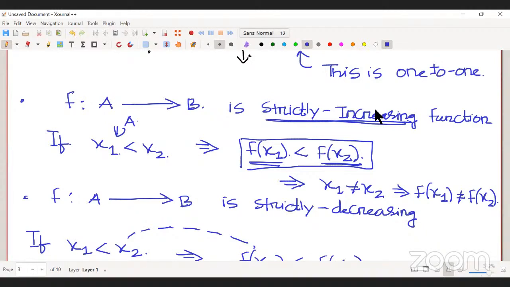And similarly, whatever has been written for decreasing function, I'm writing it as strictly decreasing function. So that can create confusion, but remember that this is the most favorable word for this function.